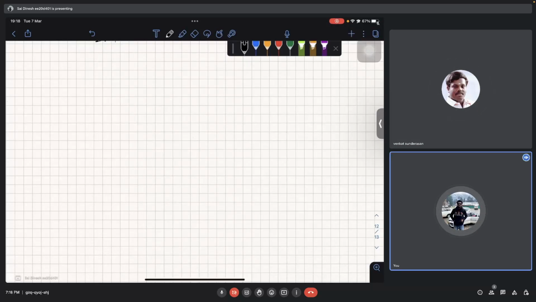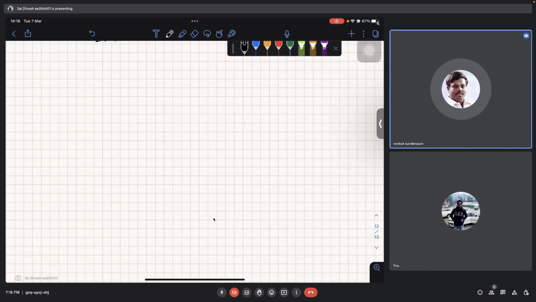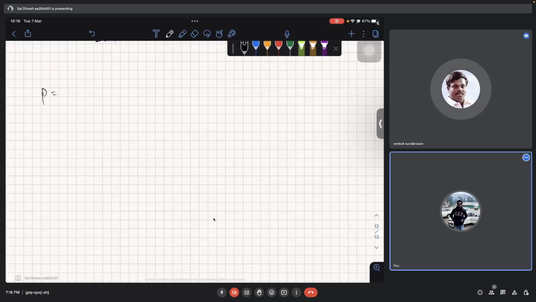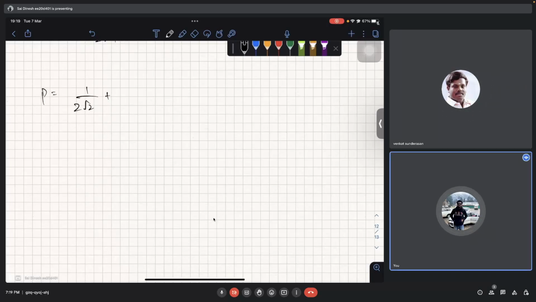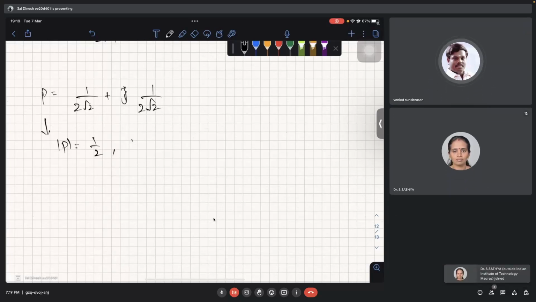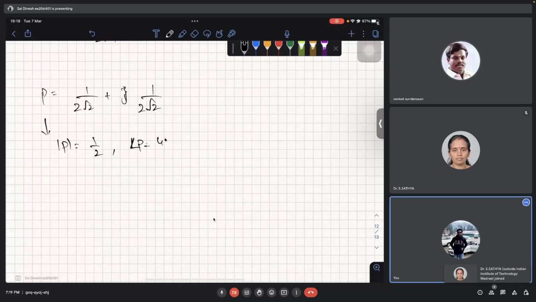Actually, we have the poles at 1 by 2 root 2 plus j 1 by 2 root 2, and we found out that these exist at magnitude 1 by 2 and angle 45 degrees.